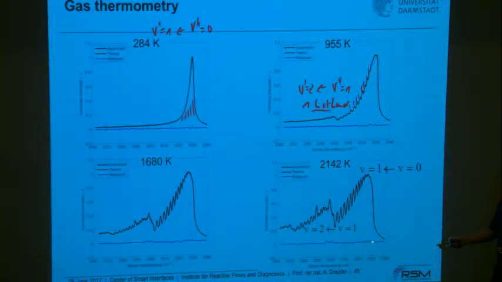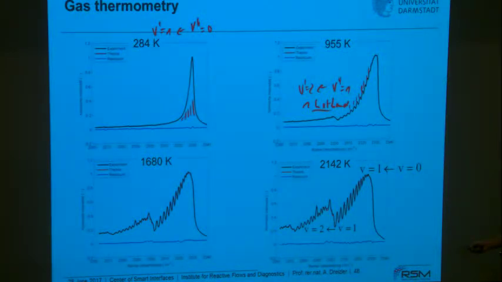You tune the temperature in the fitting routine such that the residuum, shown here in blue, is minimal. Then you can read these numbers, and it really makes sense that we have single-digit precision, because if you would look for the spectrum at 2145 Kelvin, you would see differences in the residuum.